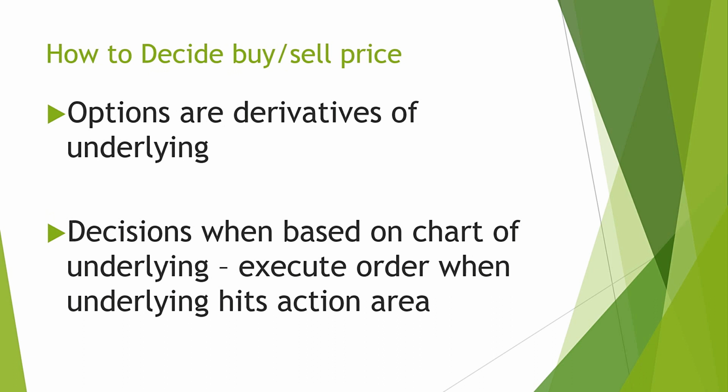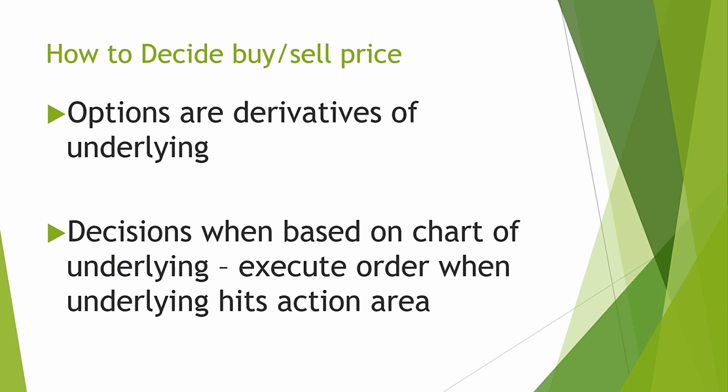Now let's come to the next topic, how we can decide the buy or sell price of options. Options are derived from the underlying asset. Our analysis is based on the underlying asset when we are taking a trade based on technical analysis. It is better to trade based on these levels of the underlying and avoid trading based on the chart of options when our analysis is based on the underlying chart.